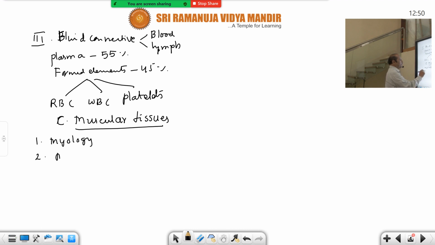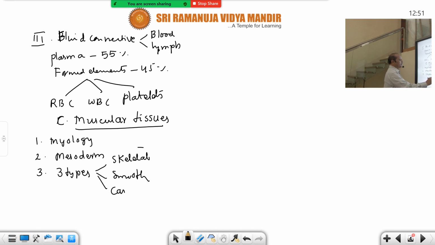Muscular tissue is also a derivative of mesoderm, except eyeball muscles, iris muscles and ciliary muscles. These muscles are derivatives of ectoderm. So, myology, mesodermal derivatives, and three types of muscular tissues are present. What are they? Skeletal, smooth, and lastly cardiac muscles.